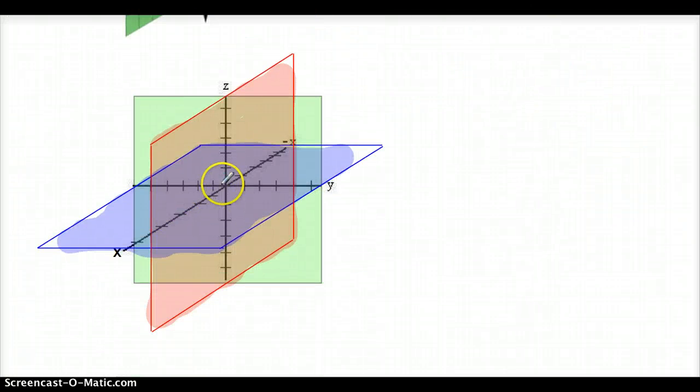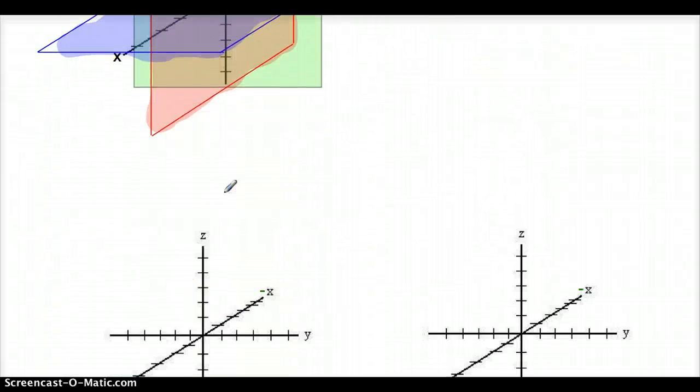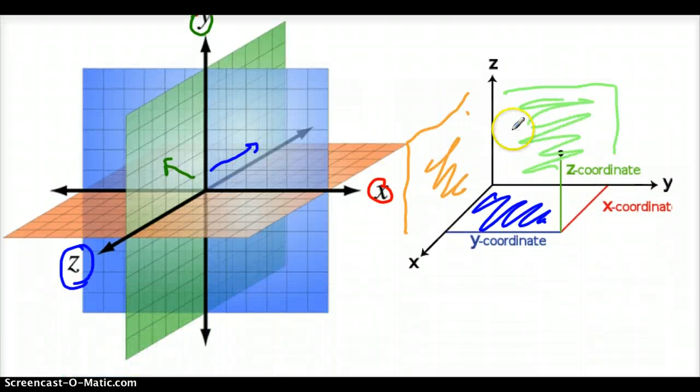So x is positive if it comes out, y is positive if it goes to the right, and z is positive as it goes up. So let's look at this version right here.